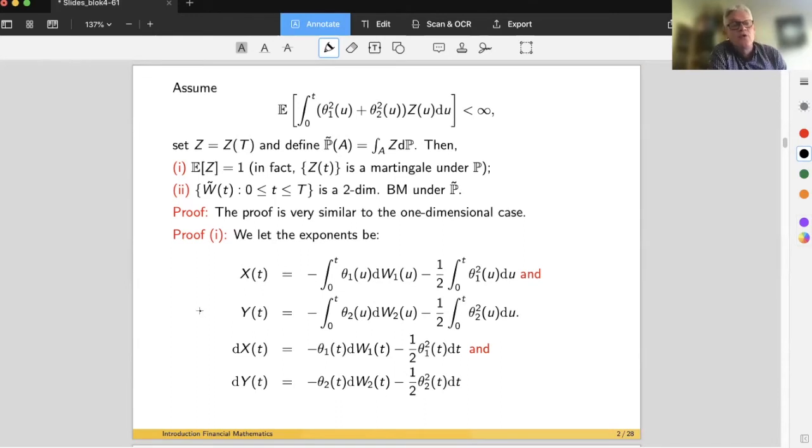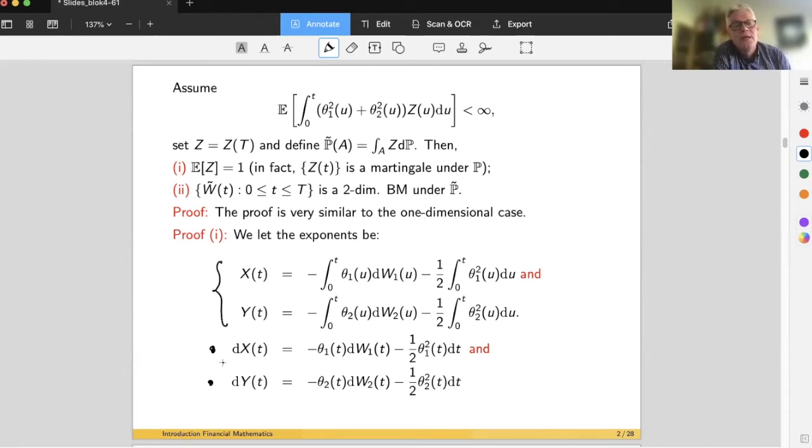So let's also present the dynamics of the two processes in differential form. dXt is minus theta 1t dW1t minus 1/2 theta 1 squared t dt. And in the second direction, dYt is minus theta 2t dW2t minus 1/2 theta 2 squared t dt. These are the two that we will be using.